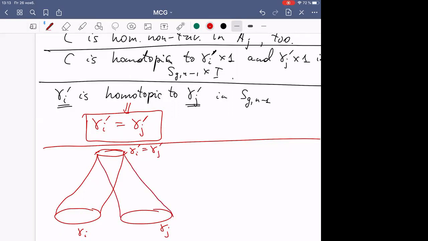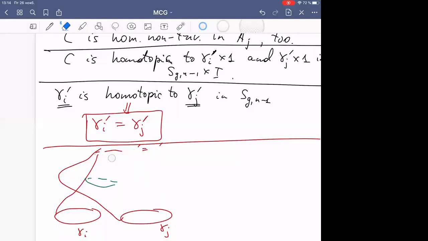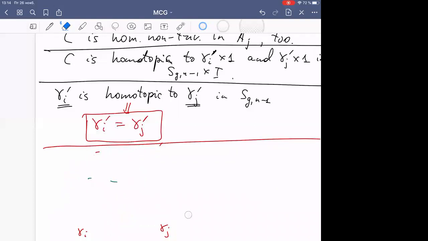And here, I'm sorry, I would like to draw it here. It is not difficult to draw, it actually looks like that.